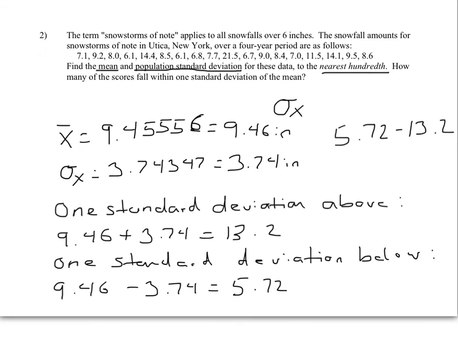Let's take a look back up at our data set. I'm going to underline each of the data points that falls within that range. So 7.1 would fall in there, 9.2. Go ahead now and in your notes, underline each one of these values. Whoops, made a little mistake there. 14 isn't in that range.